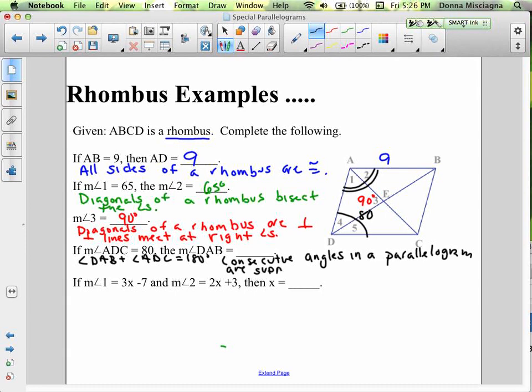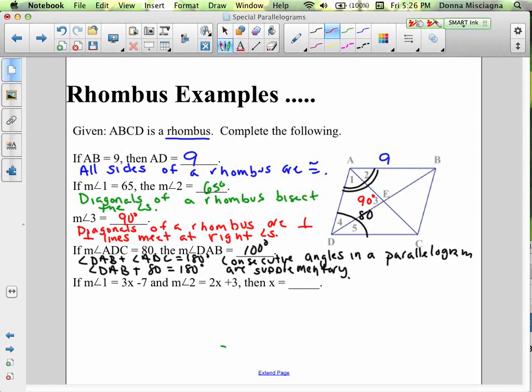And a rhombus is a type of parallelogram. Supplementary. Right? So if angle ADC is 80 degrees, if we subtract 80 from both sides, that's going to leave 100 degrees for angle DAB.